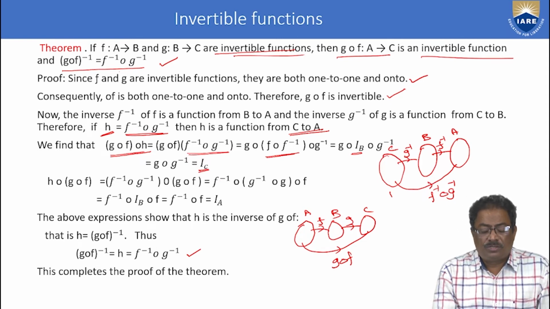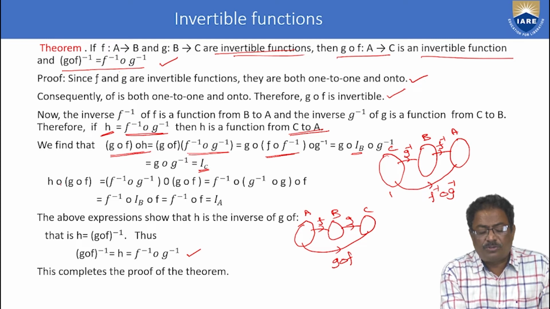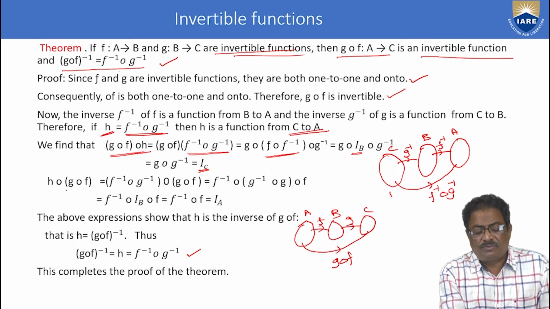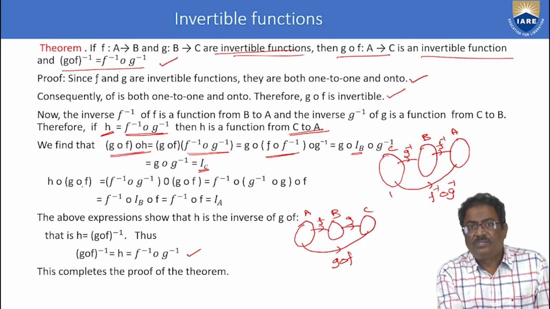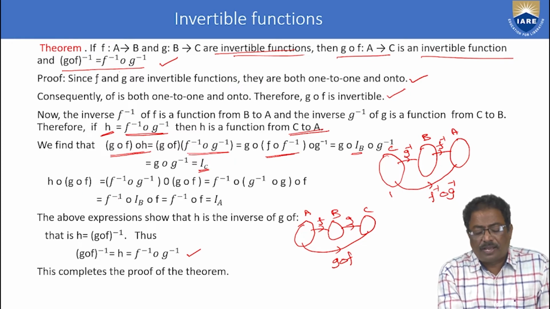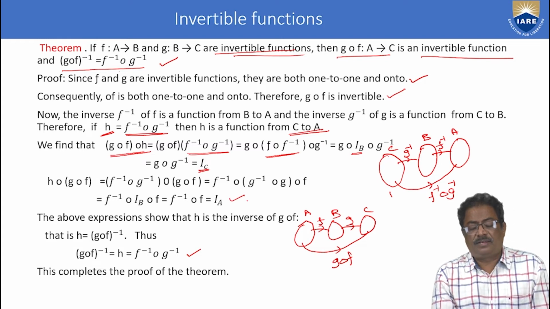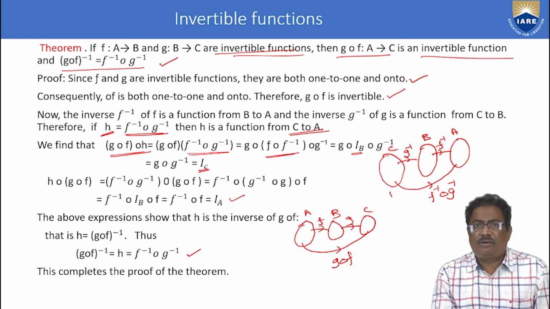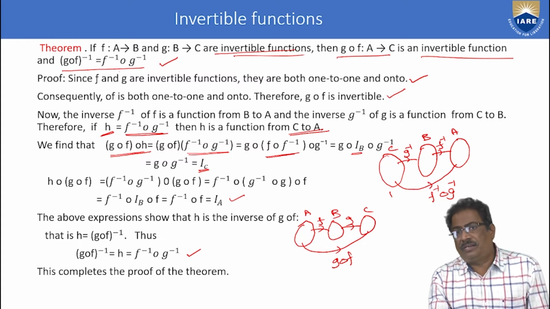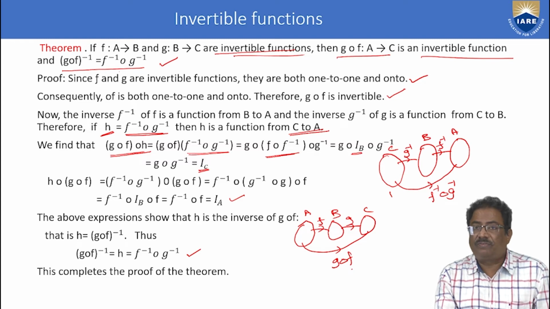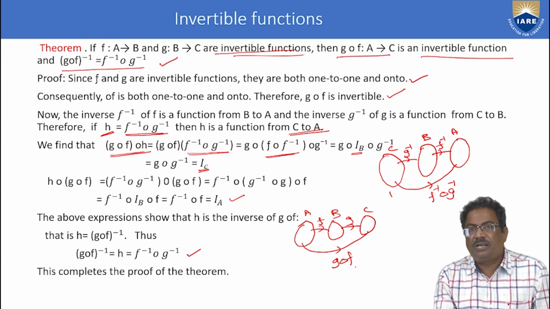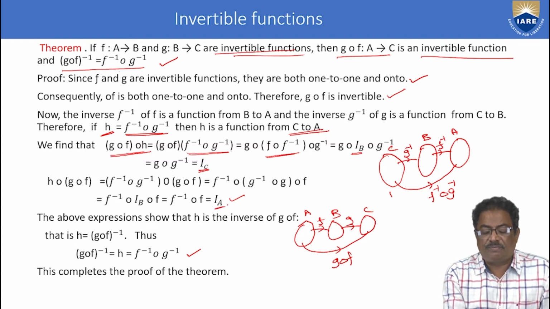Now if I reverse this, h of g of f, in the same way I get the identity mapping. Then g of f of h and h of g of f both give identity functions.